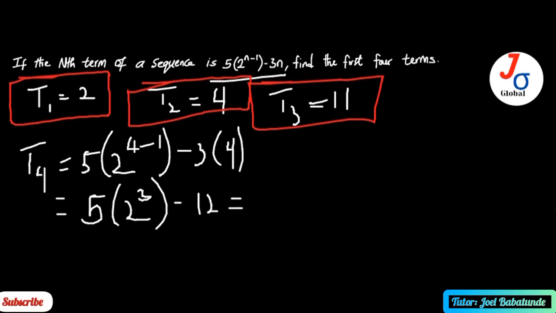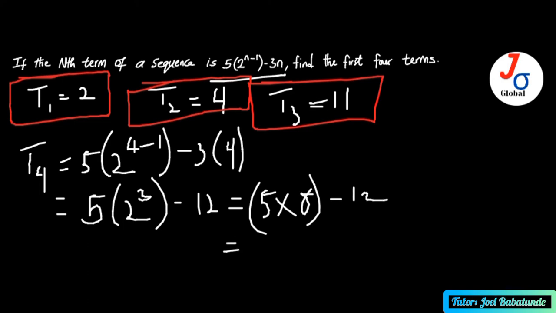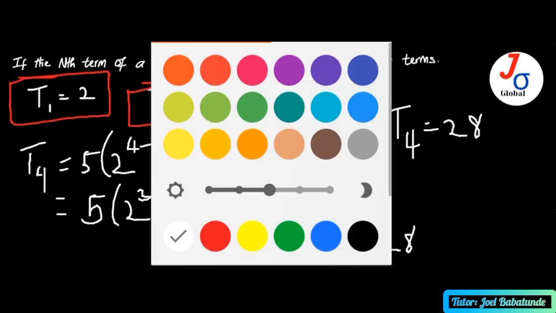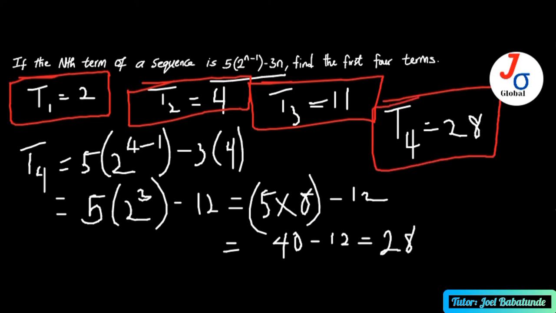So 2 raised to the power 3 is 8, then minus 12. 5 times 8 is 40, and 40 minus 12 is 28. So our T4 is equal to 28.